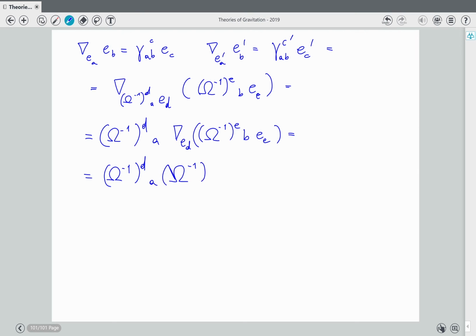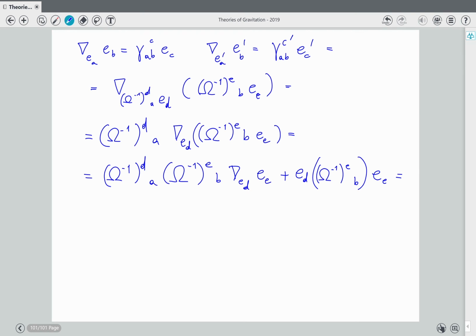One will be this one, plus you have to act by means of the vector on this function. Whatever it gives.